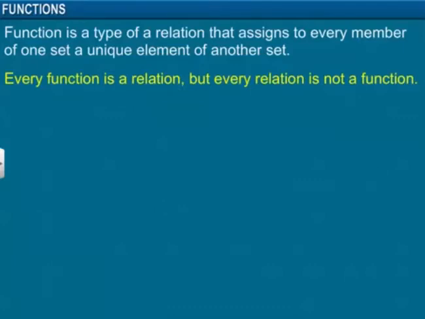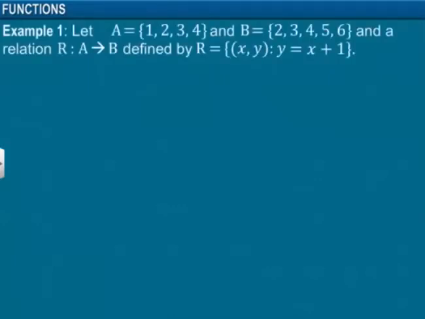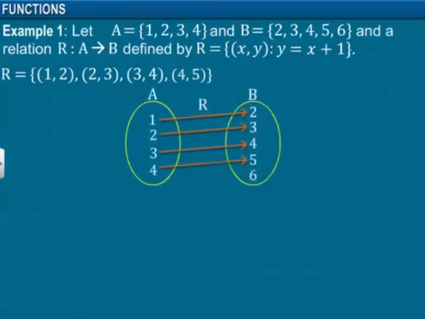Let A and B be two sets as shown. Also let R be a relation from set A to set B, defined by the set of ordered pairs (x, y), such that y is equal to x plus 1. This arrow diagram represents this relation.